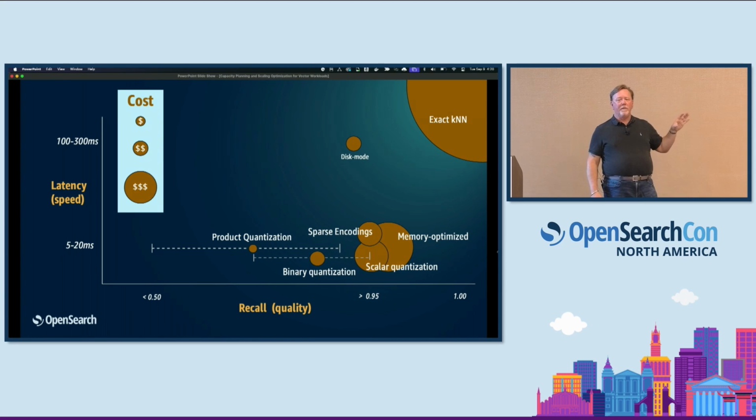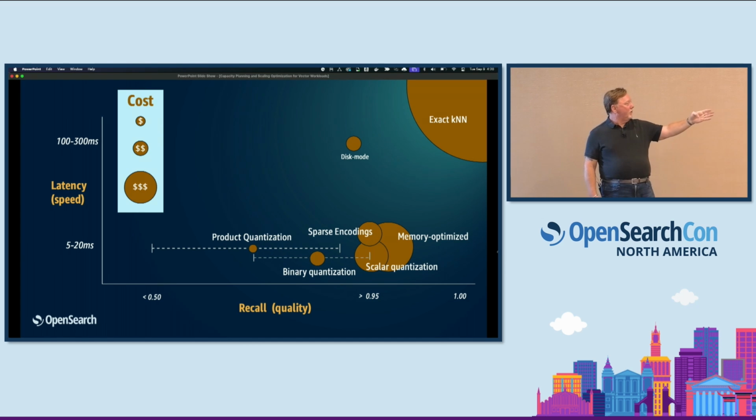When we're thinking about vectors, we want to think about the triangle trade-off between cost, latency, and recall. And this is graphically looking at all of the things that we've been talking about. We have exact KNN in the top right corner for you guys. That is the largest cost, but is also the most accurate, but also can be the highest latency, versus disk mode, where you have a reasonable latency, a reasonable recall, and the cost is much less.